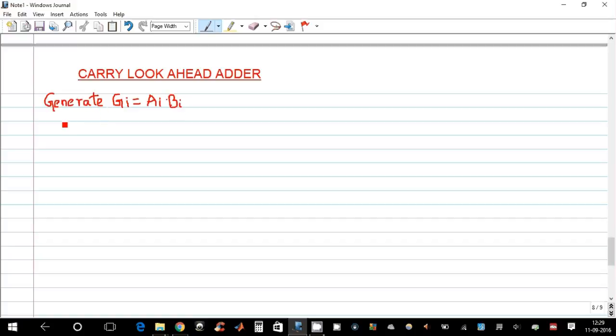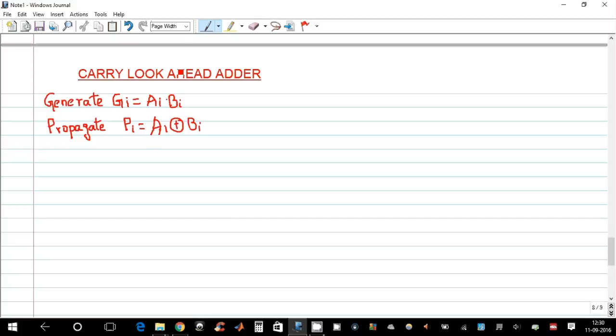And the propagate term, let us call it Pi, that is equal to Ai XORed with Bi. These two terms are related to the half adder, and we will realize all the carries in terms of only Gi and Pi, but not in terms of the carries.